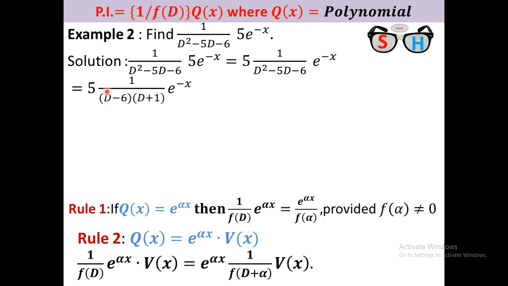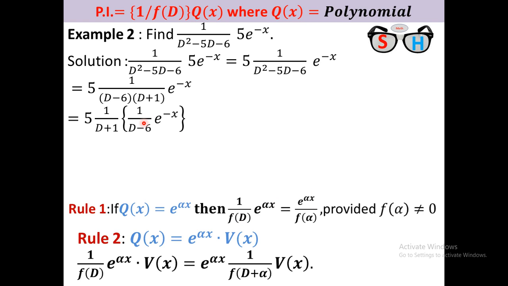Now we break this operator as 1 by D plus 1 of 1 by D minus 6 of e to the power minus x, in that form. Now we simplify the factor in the second bracket by using rule 1: 1 by f(D) of e to the alpha x equals e to the alpha x by f(alpha), that is, simply replace D by alpha when f(alpha) is not equal to 0.